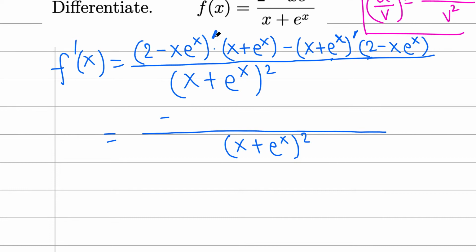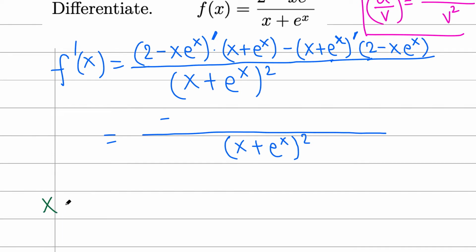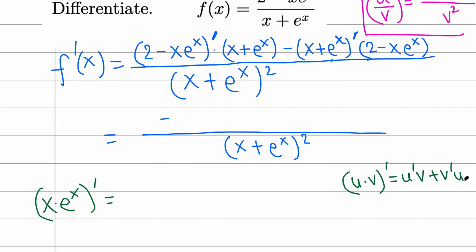Okay, so here x e to the x, and I want to find its derivative. It's a product, and we know the product rule. When we have u times v, and we find its derivative, that's u prime v plus v prime u.